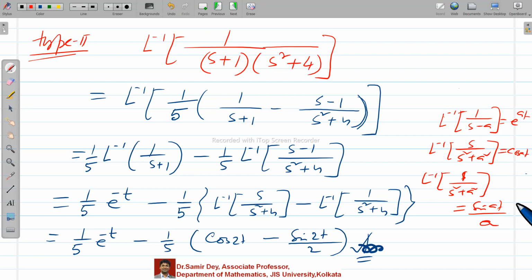So if it is clear, then try to solve this one: 1 by (s minus 3)(s square plus 7). Pause this video and try to solve it. Same process you follow, and you can send me the solution.